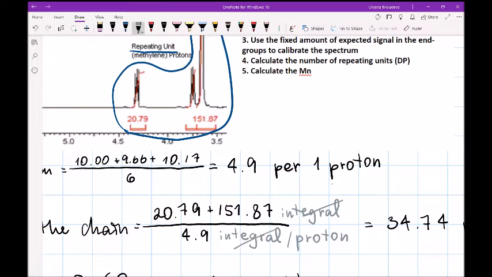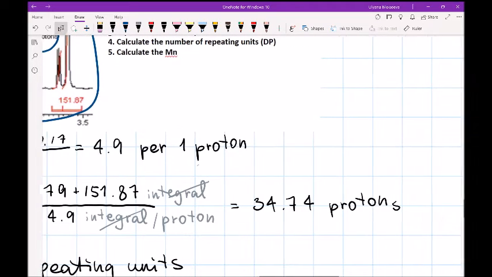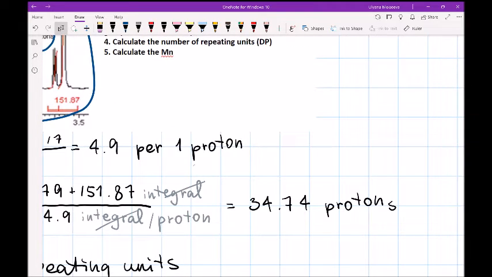This cancels out, and we will find the number of protons in our repeating units. That would be 34.74 protons.